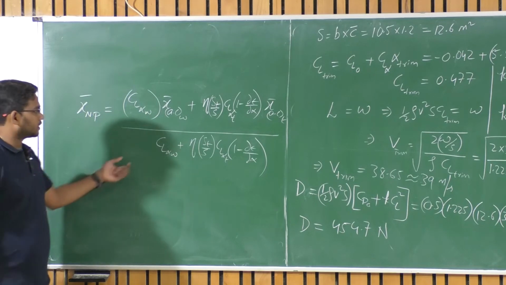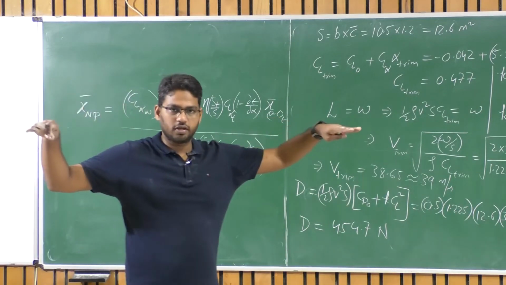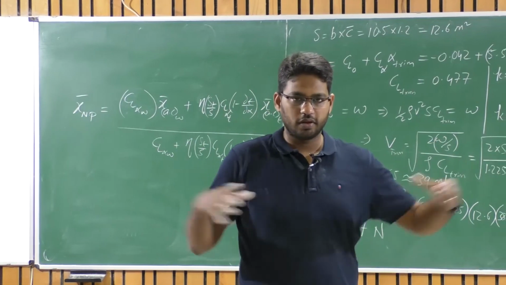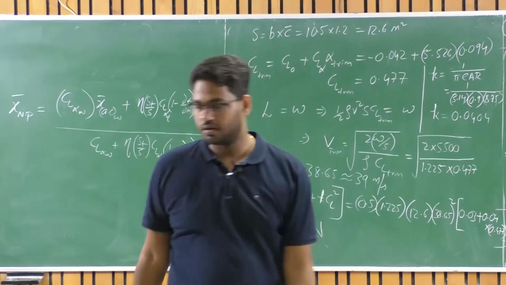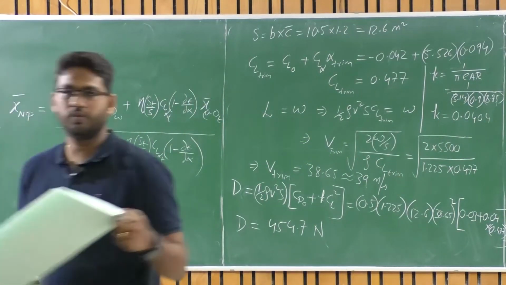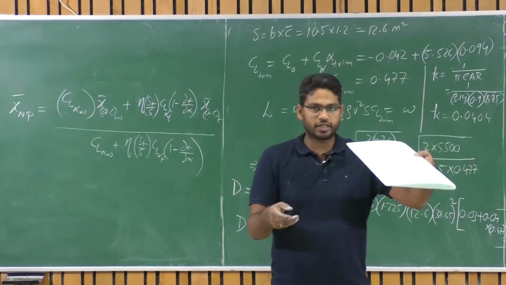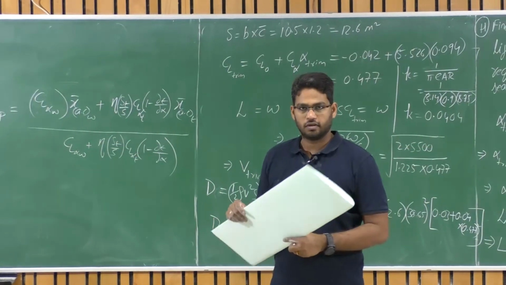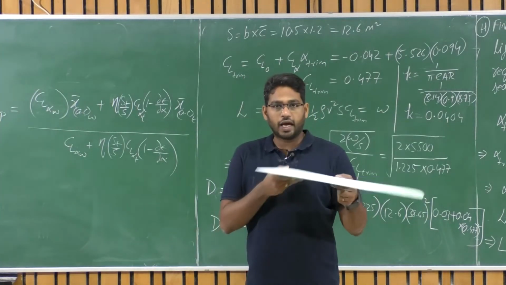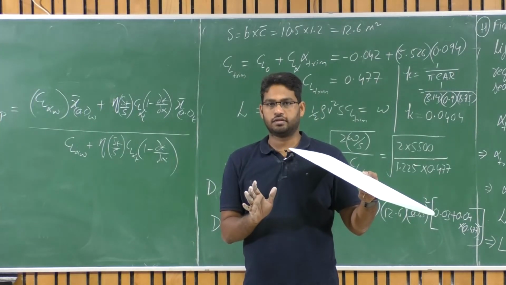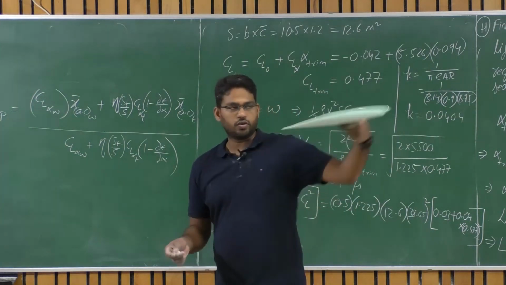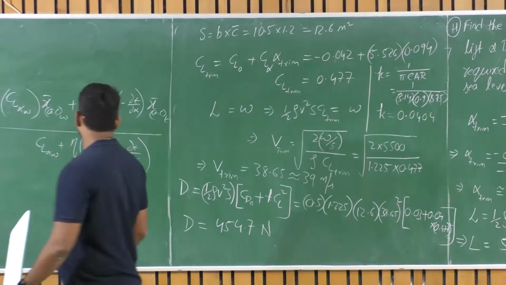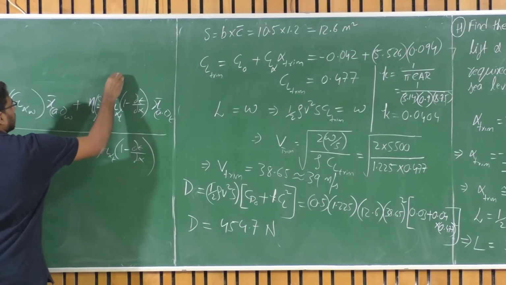This is about a wing and tail combination. Let us now consider a case where we have an identical wing and tail, separated by an adequate distance. I have the same planform area for wing as well as tail. That means St upon S will be 1.